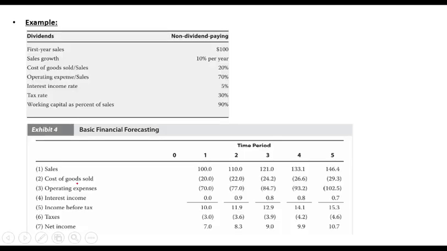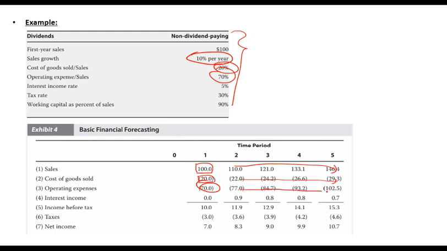For example, you have this data set. Based on that you can forecast sales. So you have sales for today, you can forecast the future based on sales growth. You have cost of goods sold for today, you can forecast based on an estimate of cost of goods sold to sales for the future. You have operating expenses as of today, you can take a ratio of operating expense to sales, and based on that you can forecast future operating expenses.